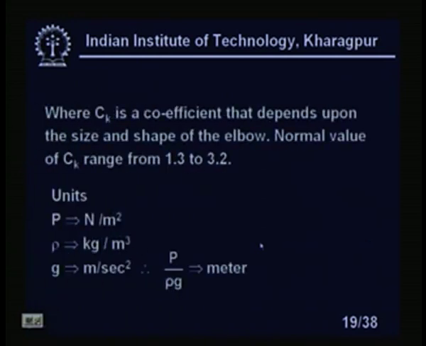P is in Newton per meter square, rho is kg per meter cube, and G is meter per second square. So all the heads are in meter. P by rho G is in meter and Z is meter, so all are coming in meter, right.